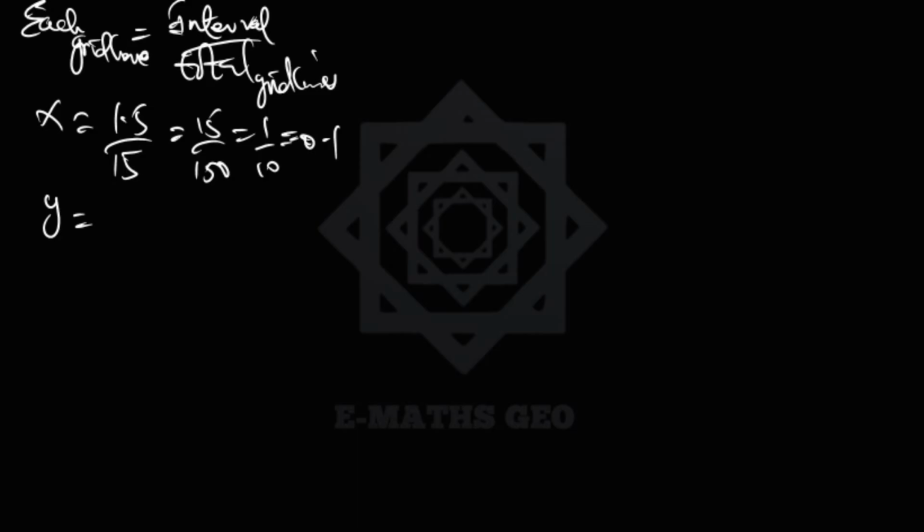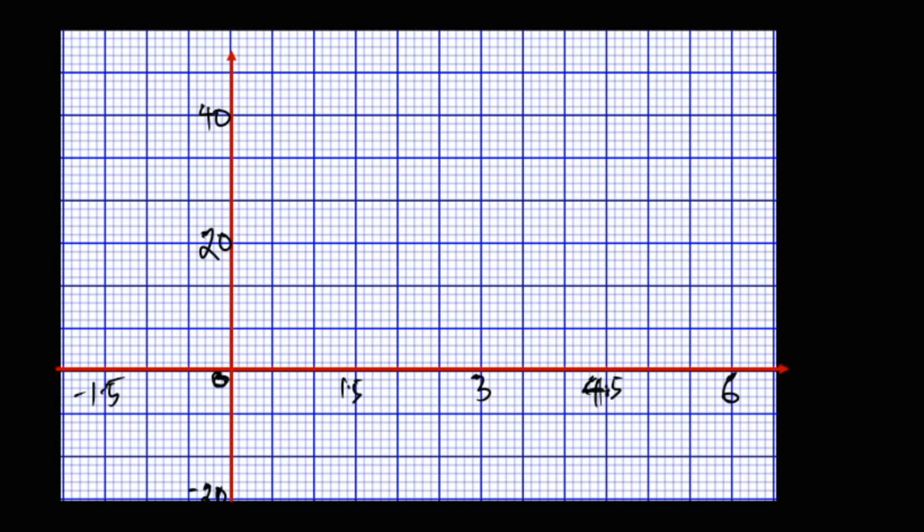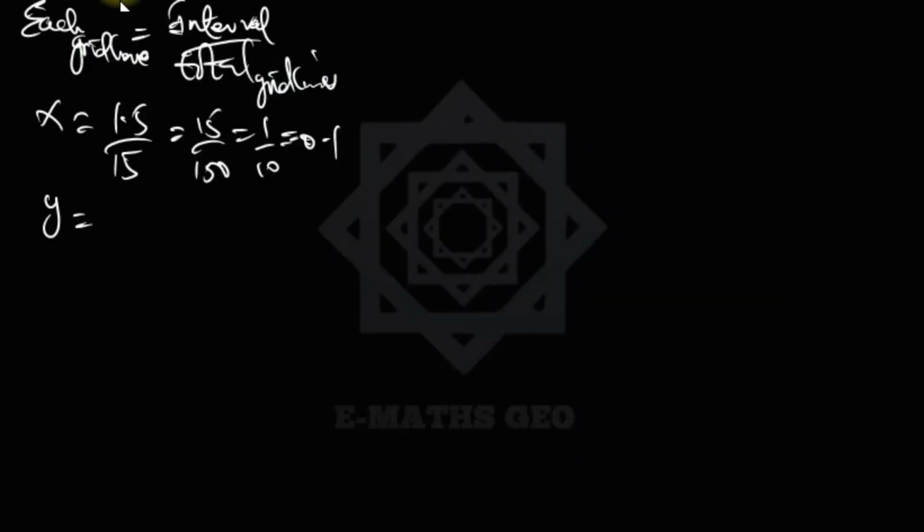For y, you are moving at an interval of 20. And how many grid lines? 5, 10, 15. So 20 over 15, this is 4 over 3, meaning 1.33. So each grid line for x is 0.1, for y is 1.33.